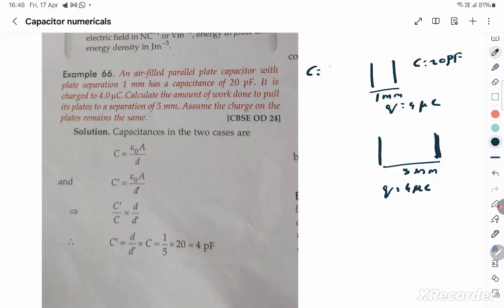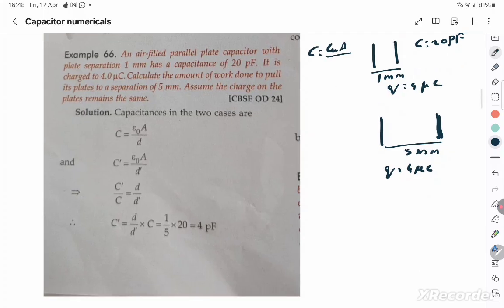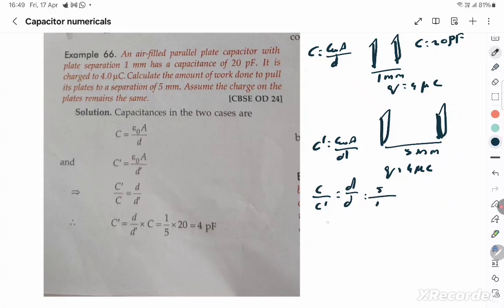The capacitance of the original capacitor is epsilon naught into A by D, and C dash is epsilon naught into A by D dash, because the area of the plate is never going to change. So C by C dash is equal to D dash by D, which is 5 by 1.